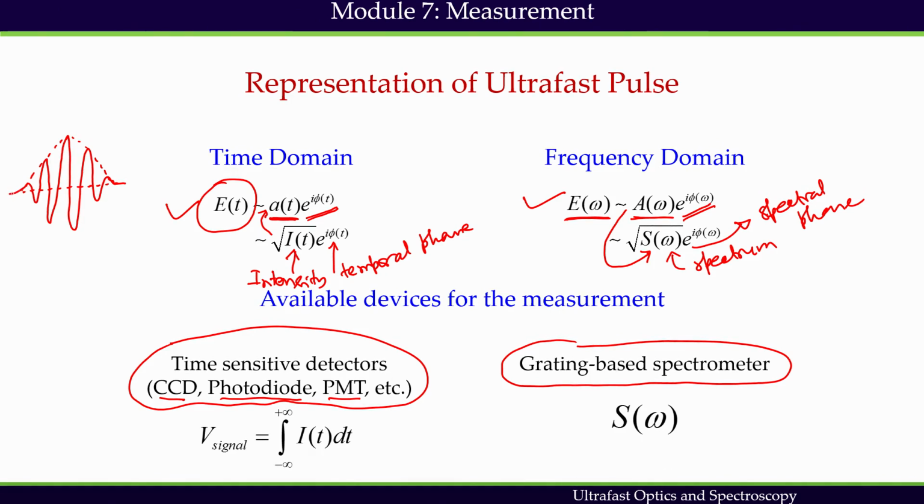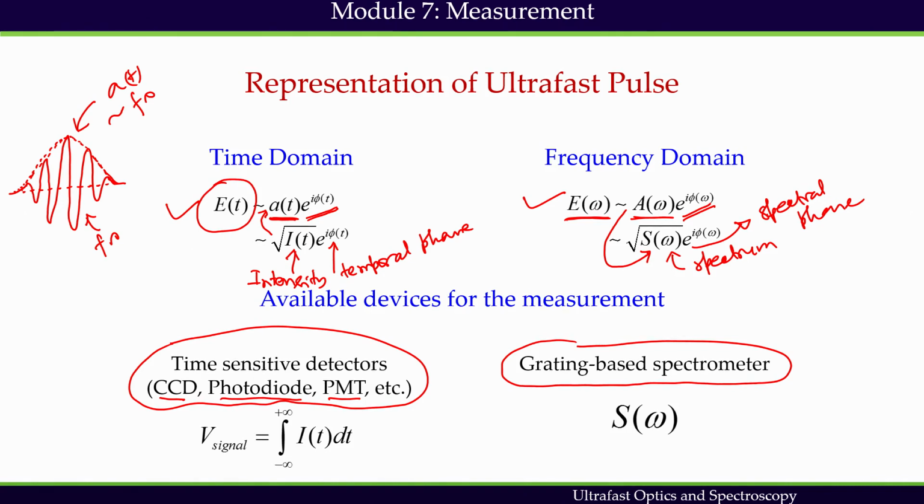So, if we think of the rise time and fall time of A(t), this is of the order of, let us say, femtosecond. And also, if we look at carrier wave, the characteristic time of carrier wave is also femtosecond. This we have already seen.